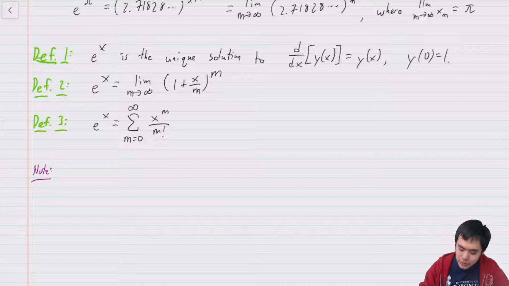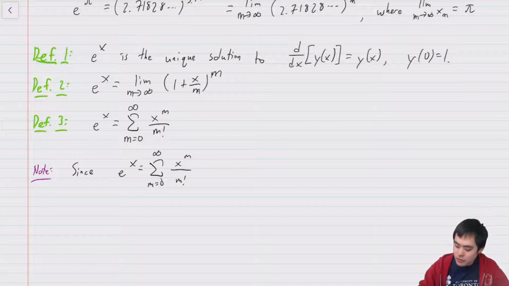Let's go ahead and give another aside. Since e to the x is equal to the sum from m equals 0 to infinity of x to the m over m factorial, if you look at this power series, it turns out this has infinite radius of convergence.